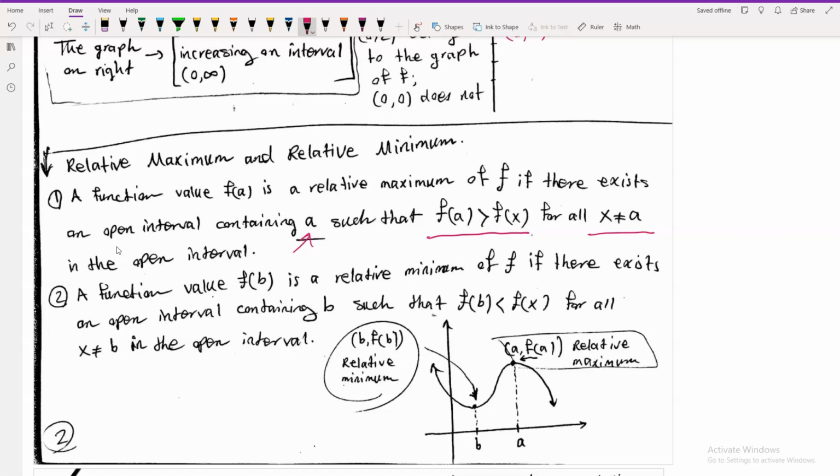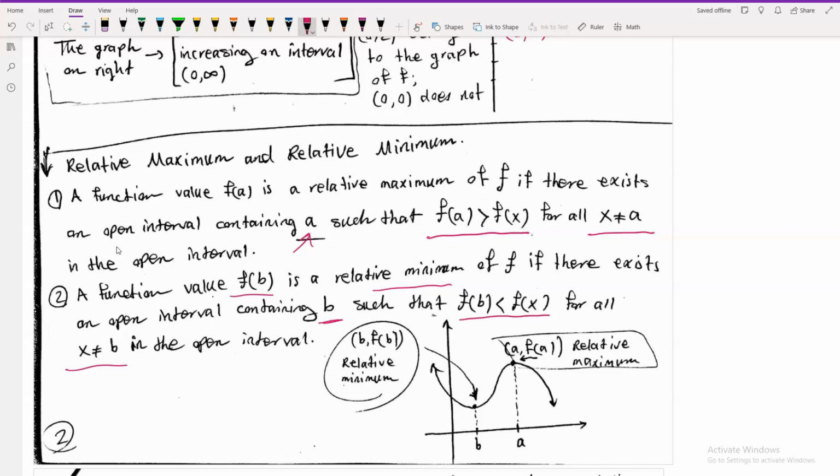The function value f of b is a relative minimum of our function if there exists an open interval containing b, such that f of b is less than f of x for all x not equal to b in the open interval.